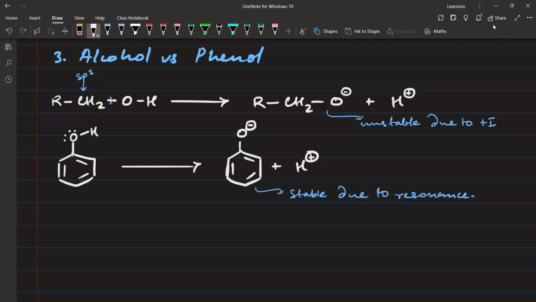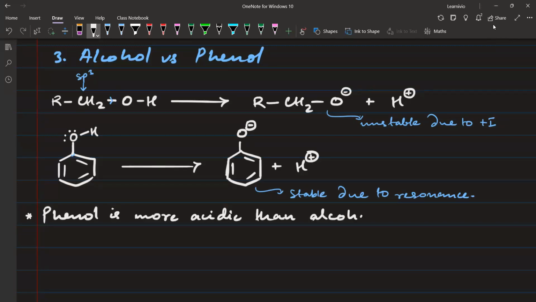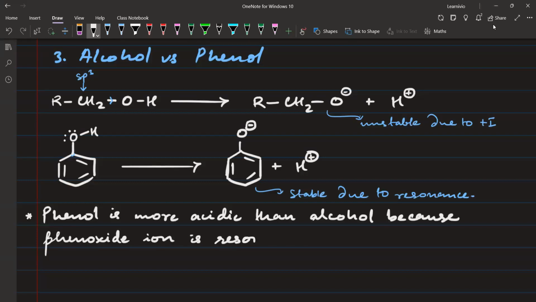यहाँ पे सबसे पहले आप लोग तो ये लिखिएगा. Number first point: phenol is more acidic than alcohol because phenoxide ion is resonance stabilized. ठीक है.